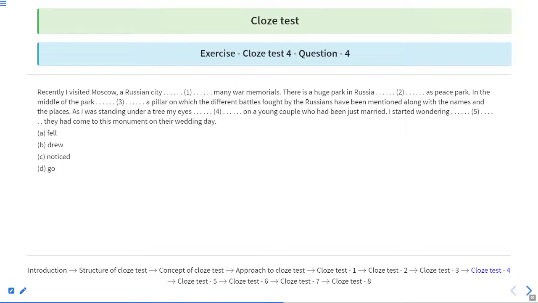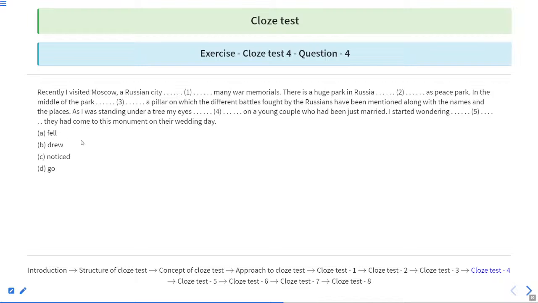Next one now, see if you can find it. Which is the correct option?